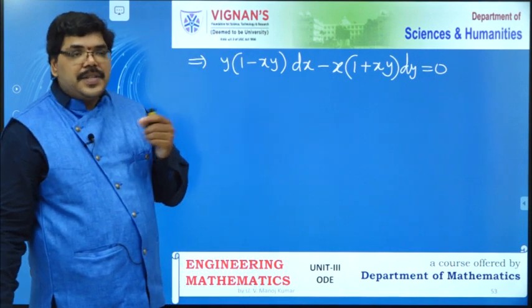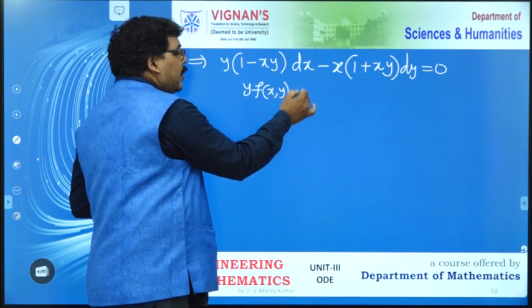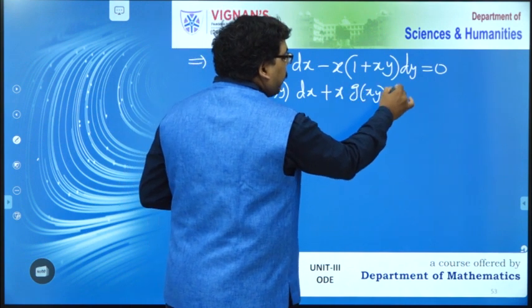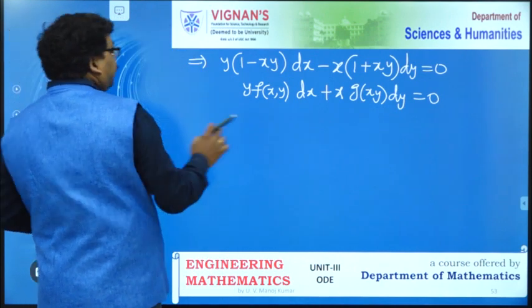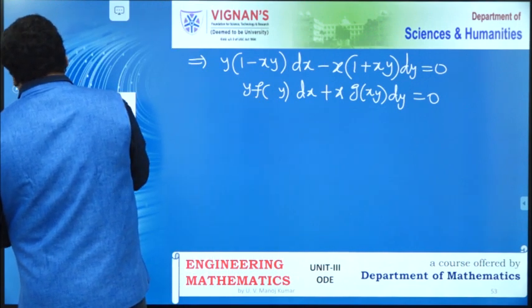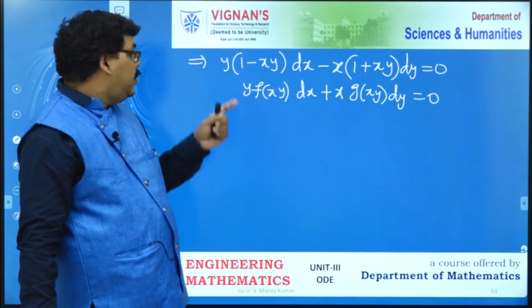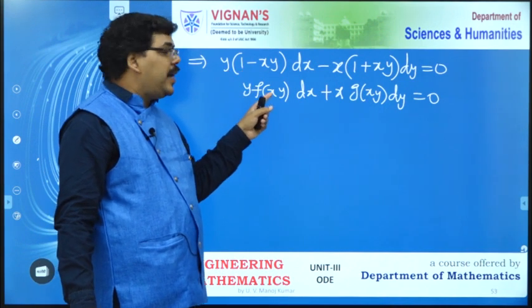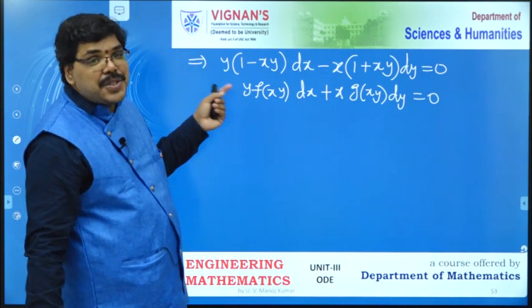So the given differential equation can be put in the form y into f of xy dx plus x into g of xy dy. So this is in case 2.